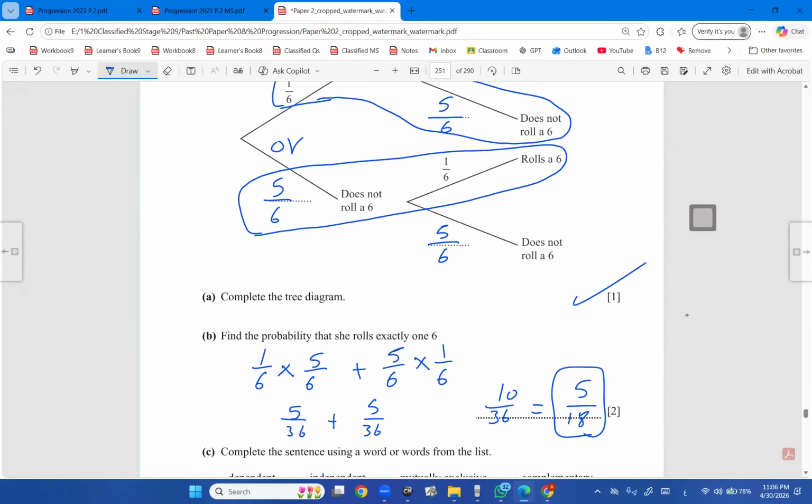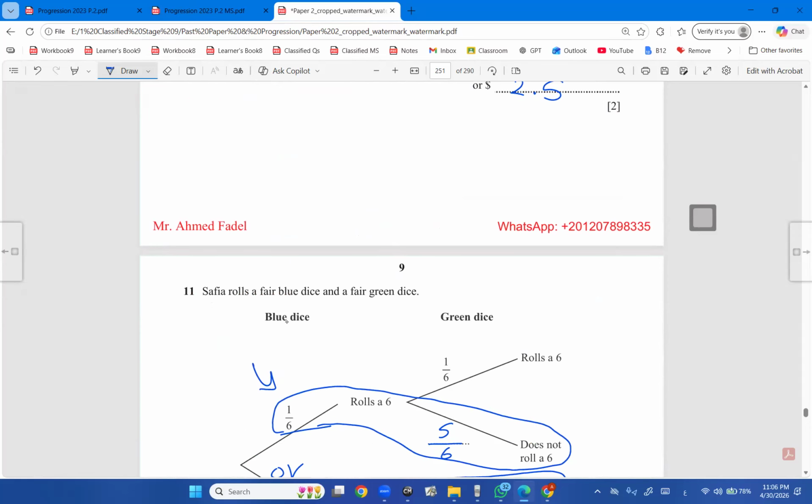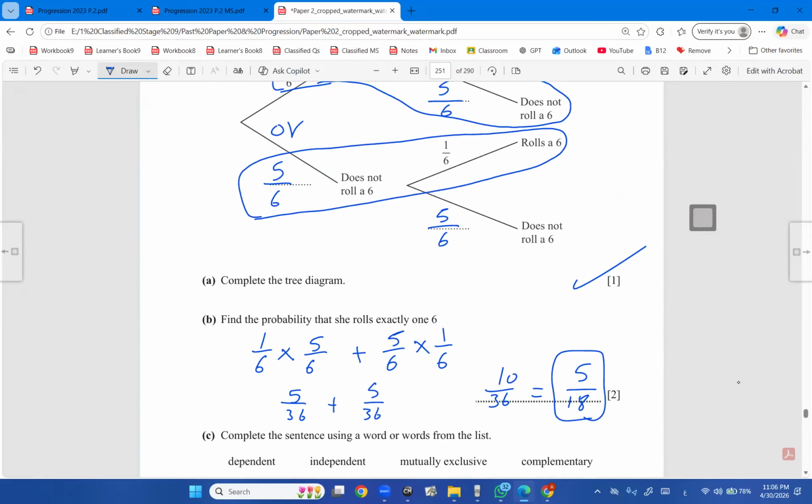If you roll the blue dice, the probability of getting a 6 is 1 over 6. The green dice, if you get a 6 or you don't get a 6, will it be affected? Will the green dice be affected when you roll it the next time by the blue? No, it doesn't get affected by the results I got from the blue. Good, then they are independent.